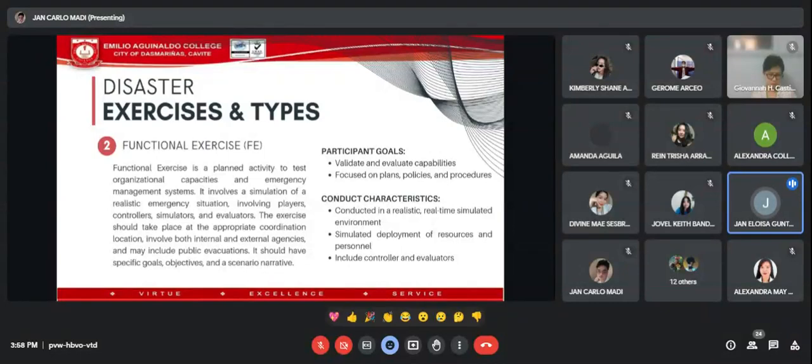Next naman is yung simulated deployment of resources and personnel. In this context naman po, yung mga participants, they engage sa simulated exercise na kung saan they deploy resources such as equipment or supplies and personnel or yung human resources.